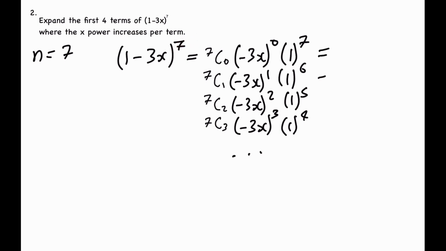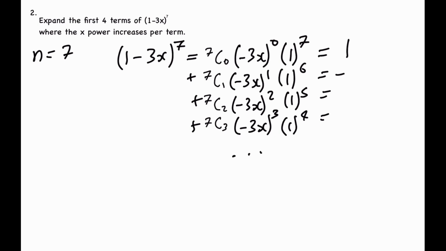Now each term is equal to, and remember we have to add them up for the expansion. We would get 1 for the first term, because minus 3x to the power of 0 is just 1, because anything to the power of 0 is 1.